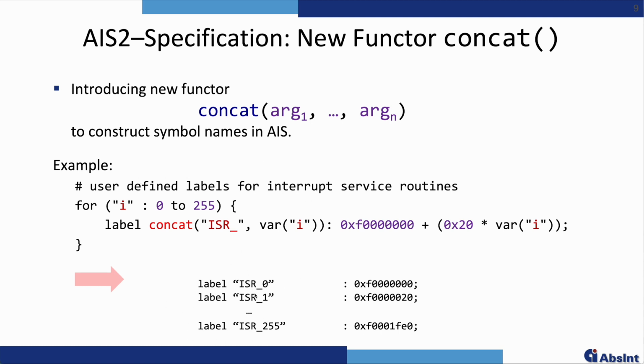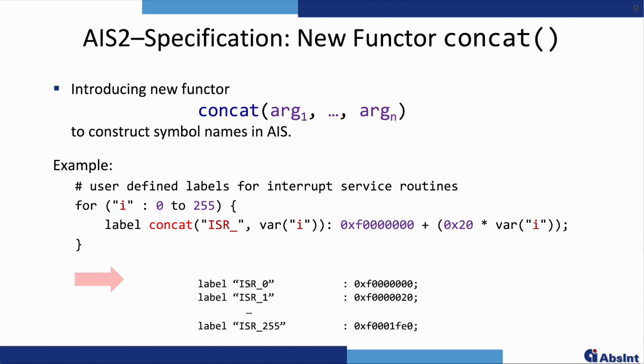Assume you would like to have several symbolic representations for your interrupt service routines. They all start at a base address, with a given offset for the number of your interrupt service routine. Before this release, you had to generate all these different 256 labels.